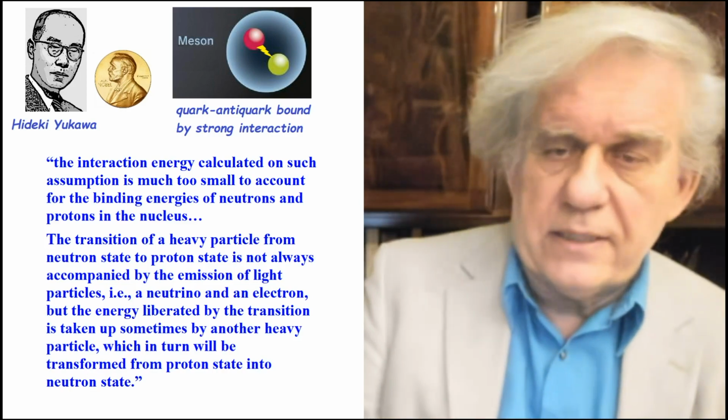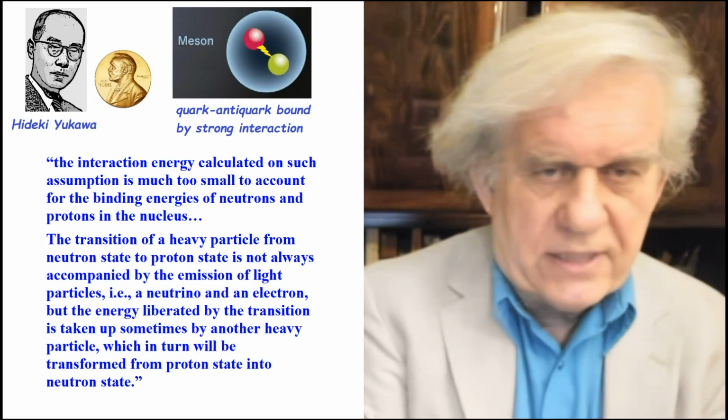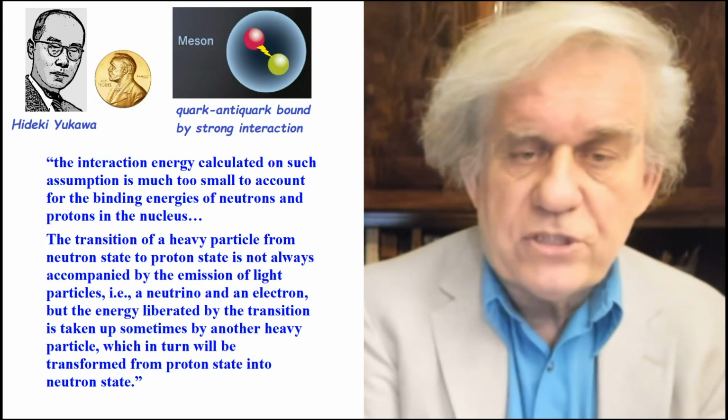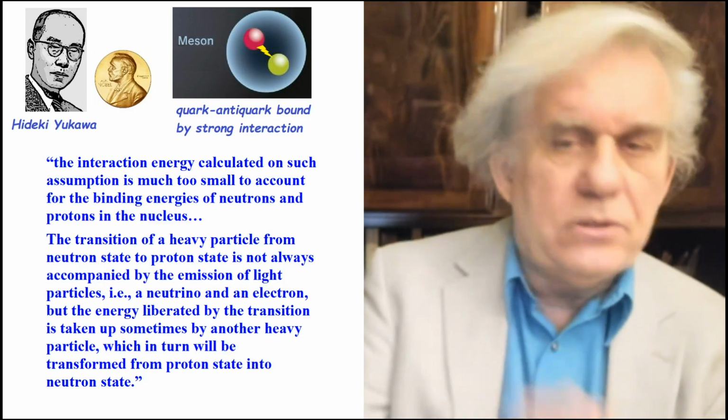And he says the following in his Nobel lecture. He says the interaction energy calculated on such assumption is much too small to account for the binding energies of neutrons and protons in the nucleus.